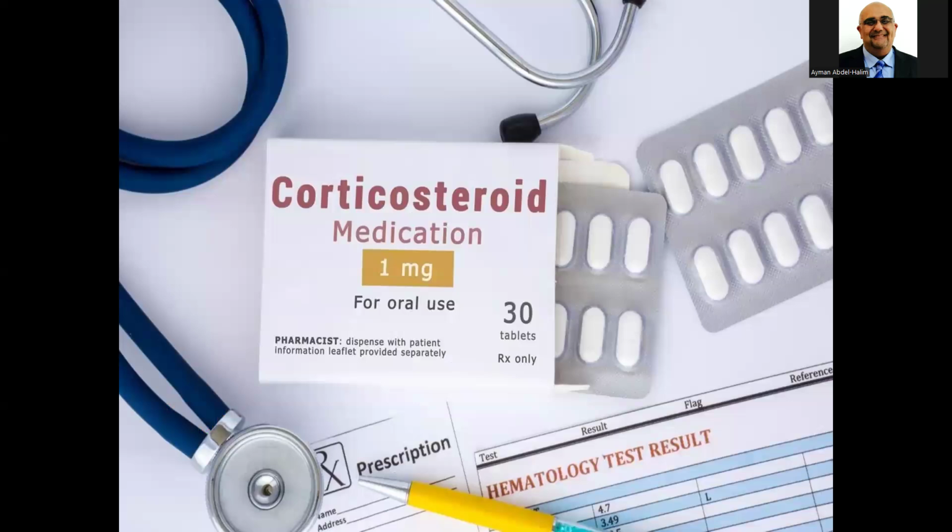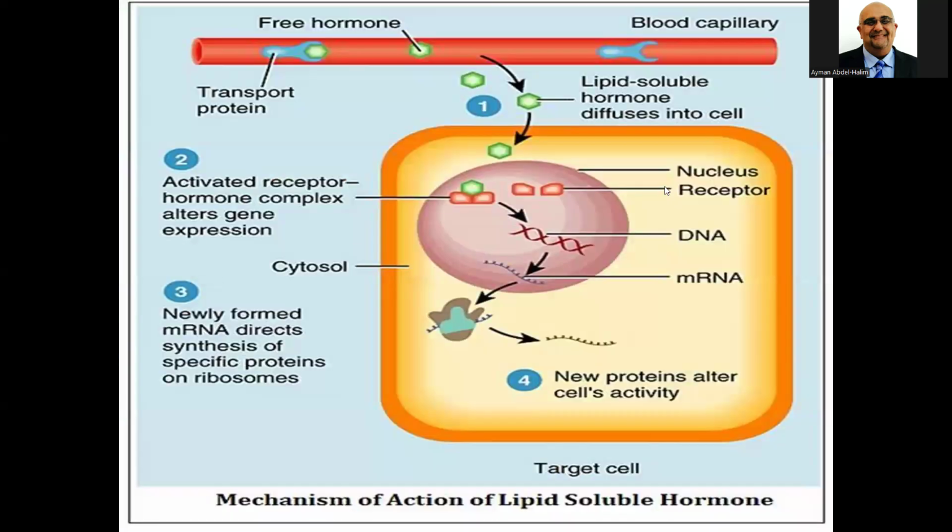We'll start with steroids. Steroids work inside the nucleus. So the steroid comes from outside, and then it basically goes through the cell because it's a lipid soluble hormone, and then goes inside the nucleus where it's activated to a receptor hormone complex that alters the gene expression.